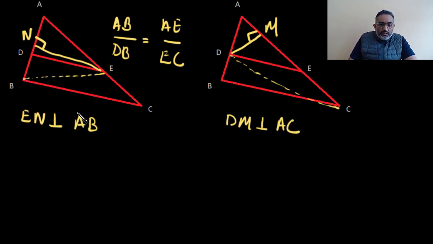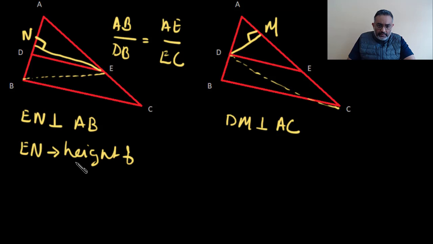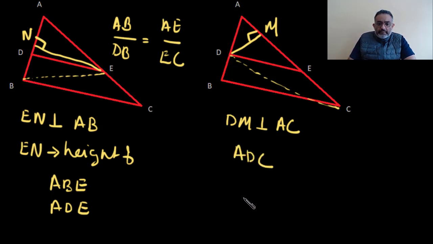Now, this length EN is the height of several triangles. So for example, ABE, ADE, and similarly we have this DM as the height of a couple of triangles, ADC and ADE.